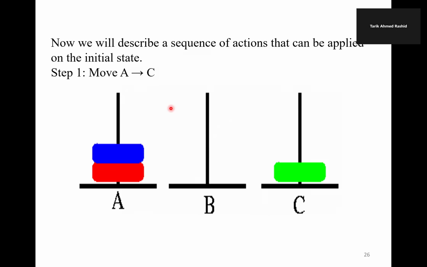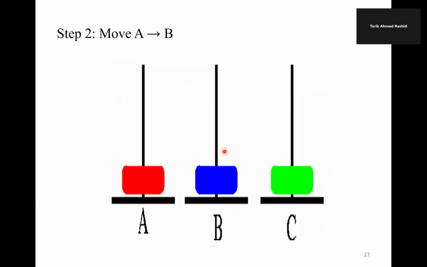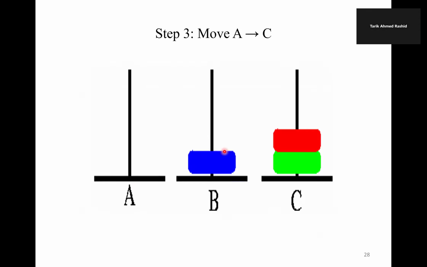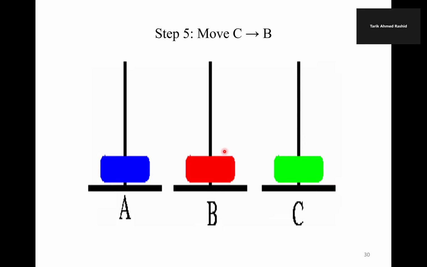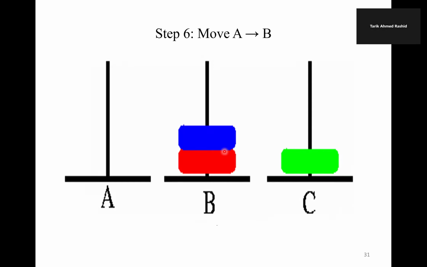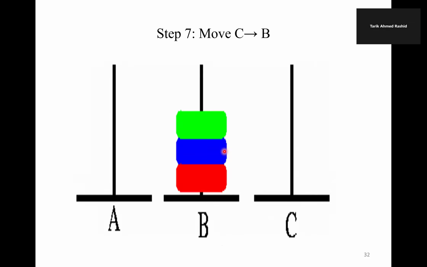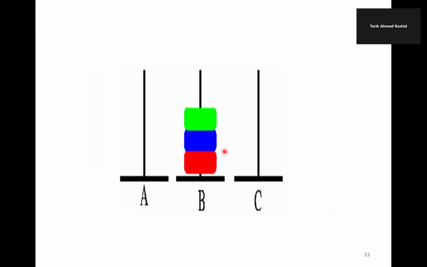So here, move A to C, then move A to B, then move A to C, then move B to A, then move C to B, then move A to B, then move C to B, and finally we reach the goal. So that's the basic steps to find the solution.